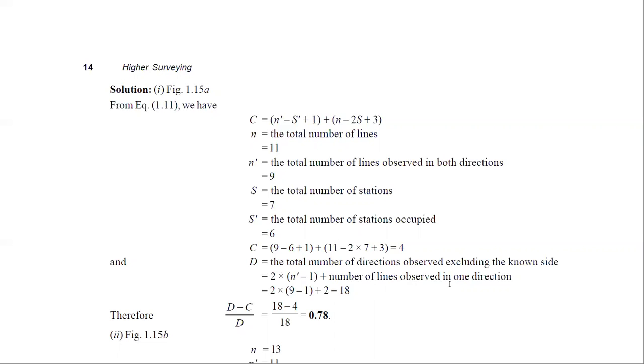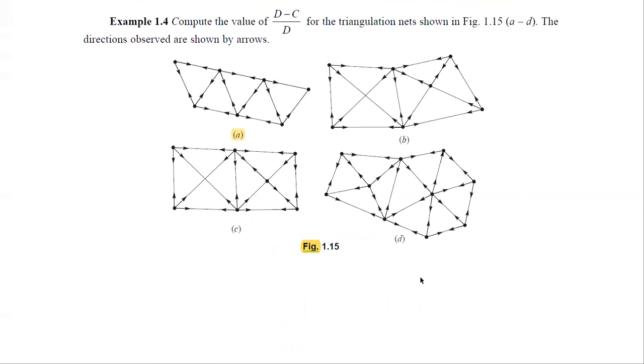So D will be the total number of lines observed in both directions except the known one. Suppose one is known, that is our baseline. So 2 times the total number of lines observed in both directions minus 1, plus lines that have been observed in one direction only, that is these two.